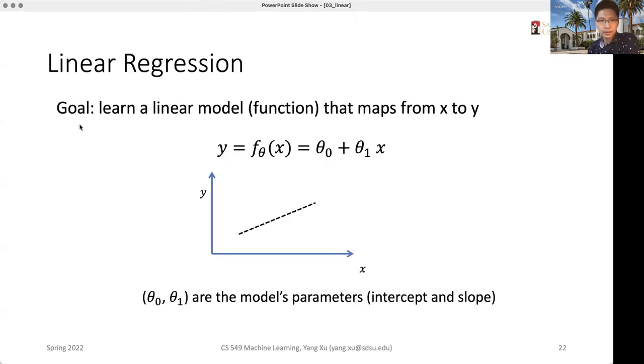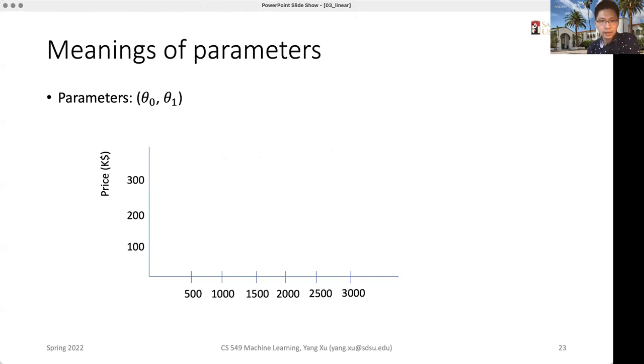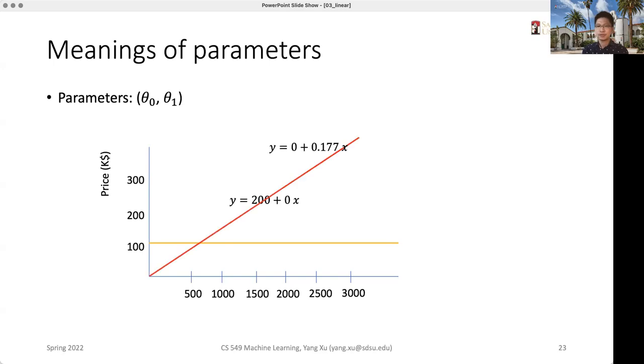So you can see here how different combinations of theta 0 and theta 1 would result in different models. If theta 1 is 0, it means the slope is 0. That is a strange case because the price doesn't change with the house size, which is not likely in the real world.